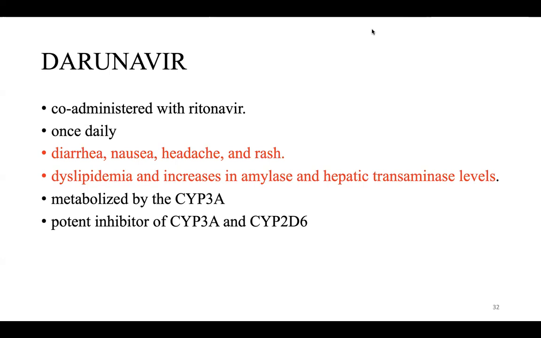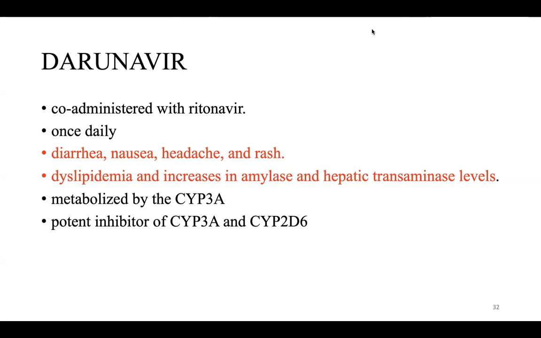Laboratory abnormalities include dyslipidemia and increases in amylase and hepatic transaminase levels. Liver toxicity, including severe hepatitis, has been reported in some patients taking darunavir. The risk of hepatotoxicity may be higher for persons with hepatitis B and C or other chronic liver disease.